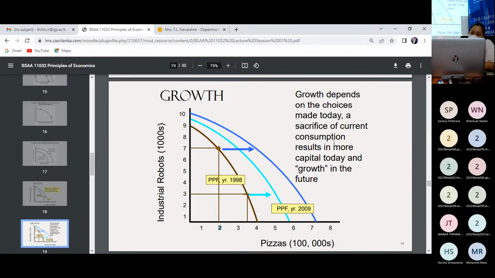Okay, done. I hope you correctly indicated. In one PPF, you have to have the point A, this point A along with the darker blue big distance. Then point B with less distance. Okay, shift.